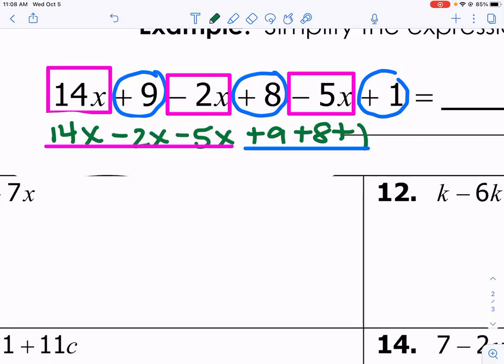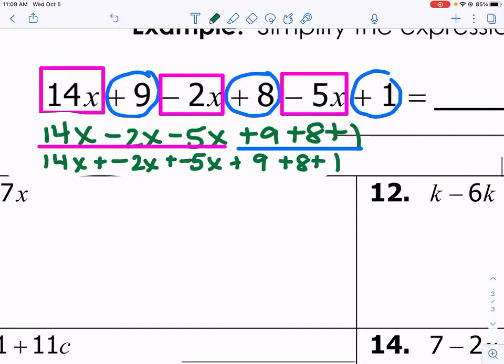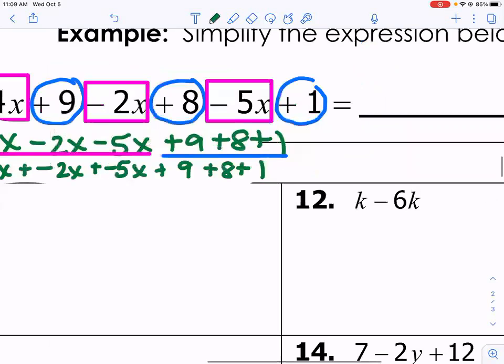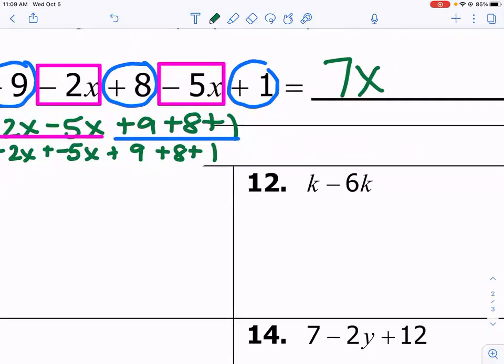If you don't love subtraction, you can change this to 14x plus a negative 2x plus a negative 5x. It is the same thing. Jada said that 14x minus 2x is 12x. Do you agree? 12x minus 5x is 7x. And then we have 9 plus 8 plus 1.